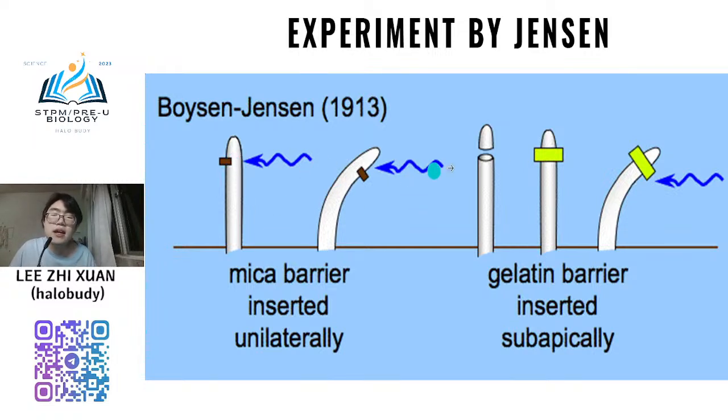You see here that this arrow indicates the light. When there is a barrier here, and the light comes from the right-hand side, there is no response.